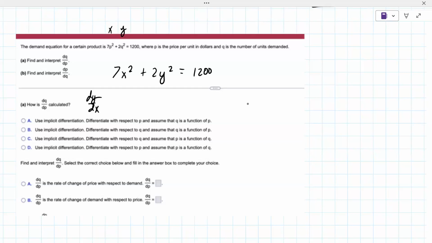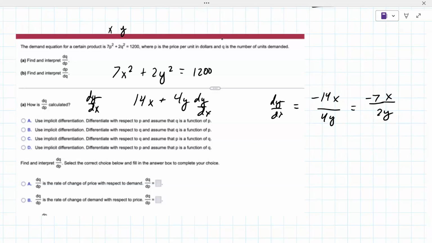And now we're finding dy/dx. This is just like the ones we've been doing: 14x plus 4y dy/dx equals 0, and dy/dx ends up equaling minus 14x over 4y, which is minus 7x over 2y.